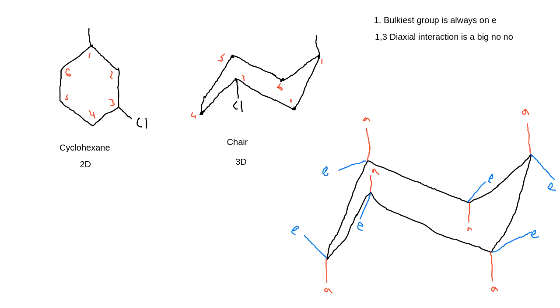Because we are changing this into a 3D structure, we don't want our substituents colliding with each other, because they have electron clouds. If those electron clouds bump into each other, it causes steric hindrance. So steric hindrance, if you've never heard the term before.